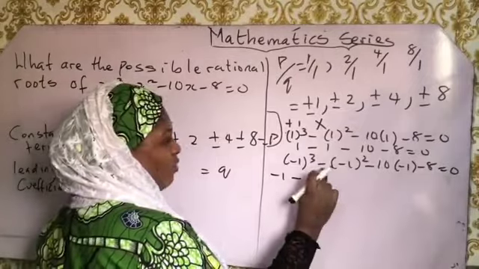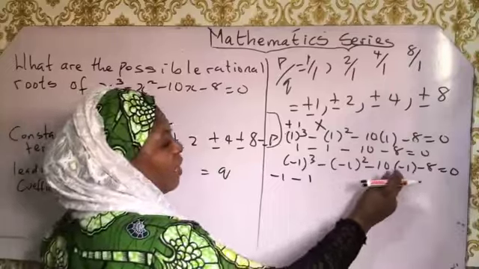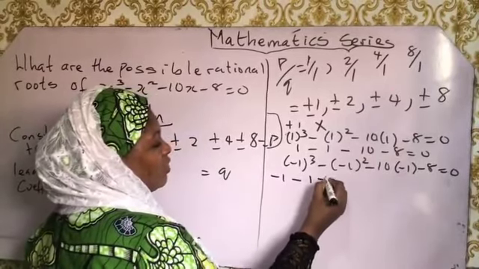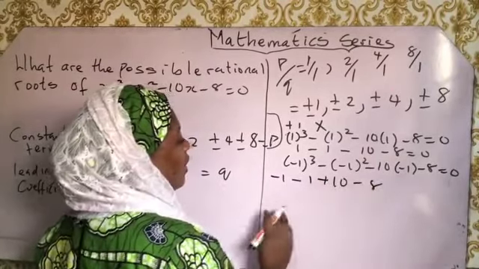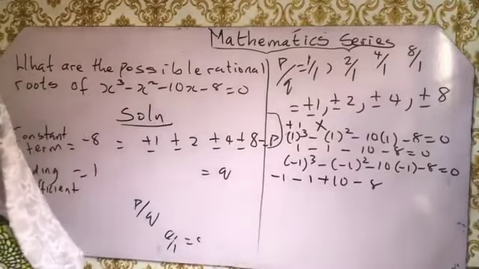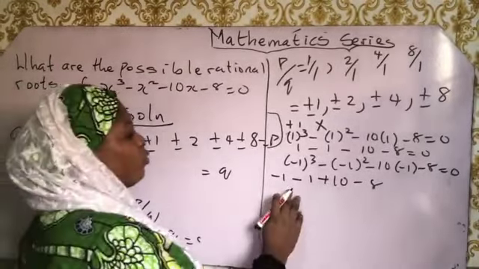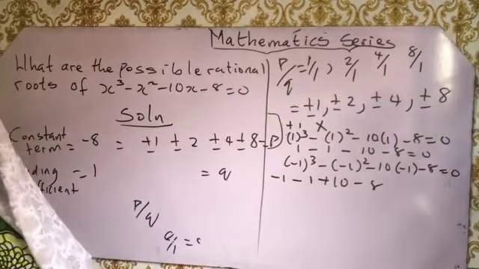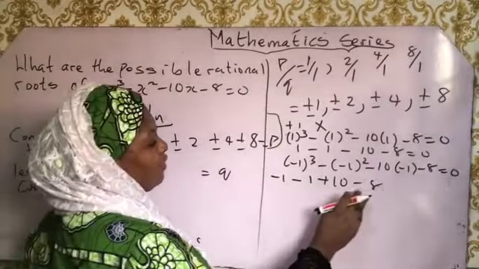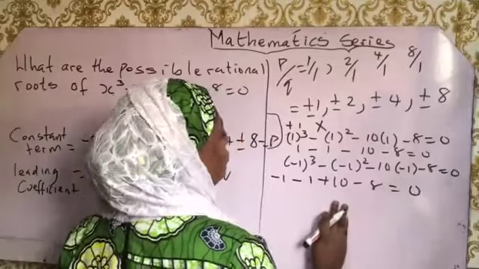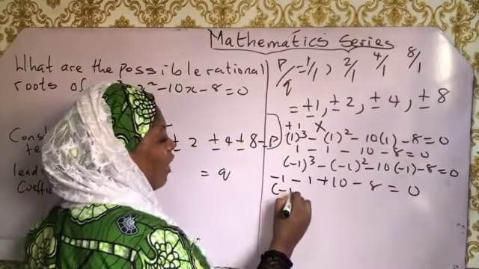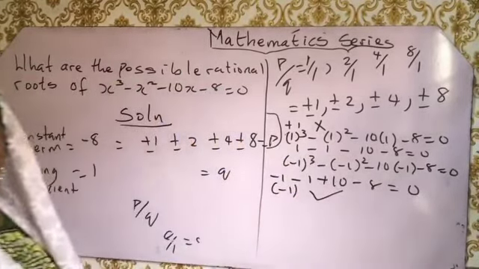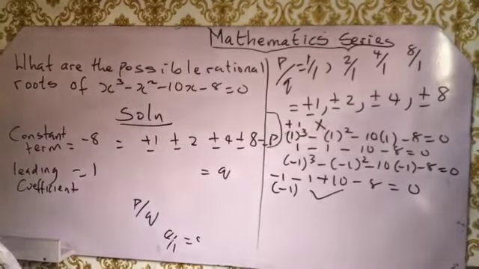That is minus 1 because this is minus. Negative 10 times negative 1, that is positive 10, minus 8. So negative 1 minus 1 is minus 2. Minus 2 plus 10 will give us positive 8. Positive 8 minus 8 is equal to 0, which means that negative 1 is a root.